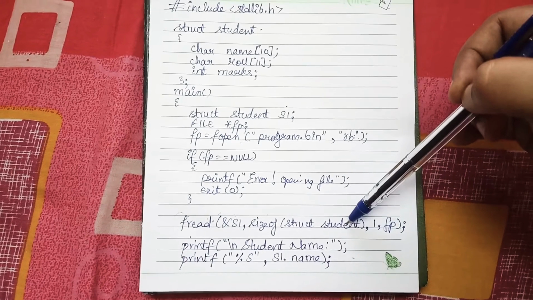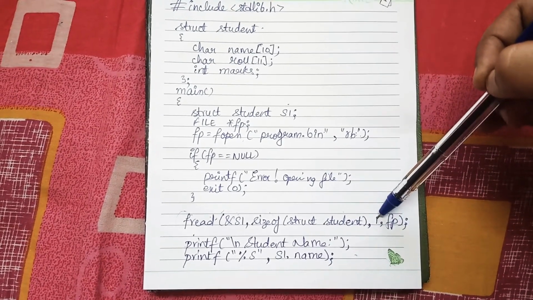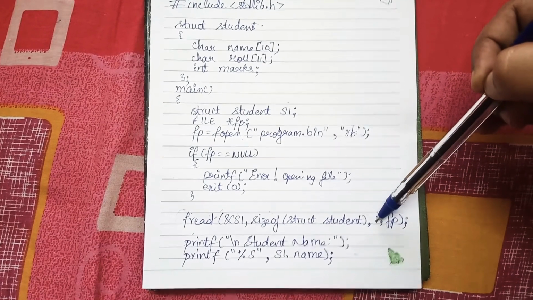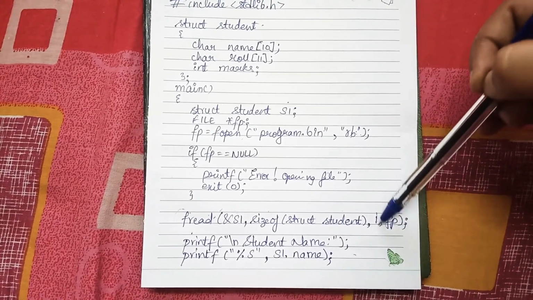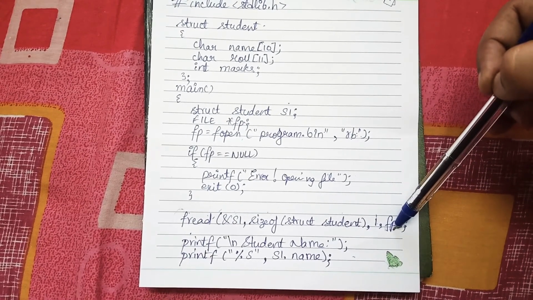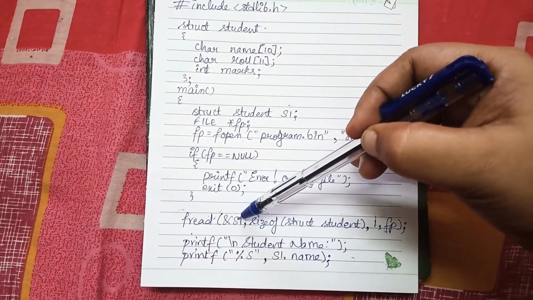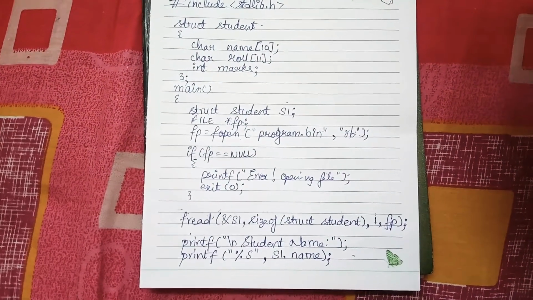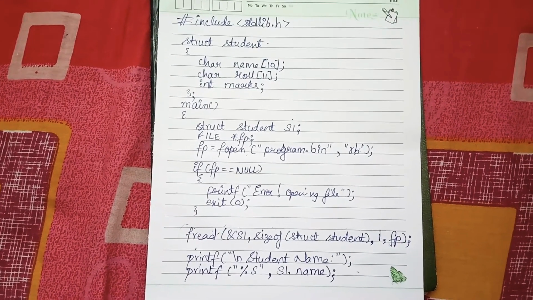We already know that 25 bytes of memory is required, comma, only one student, one structure student is there, so we use block count 1, comma, where is the data stored? It is stored in the file pointed to by fp. Now that is entirely assigned to s1. Now s1 will be holding the values Surya, 198r1A0560 and marks 100.